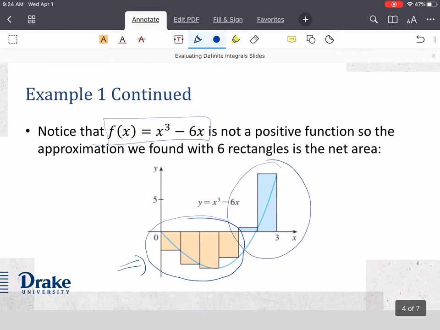And you guys realize in this picture, because I was using the red endpoints, these are how the rectangles are formed, right endpoints. So the first 4 rectangles are negative, and then the last 2 rectangles are positive. But because this whole thing is going to be a net area, I'm getting a negative area.